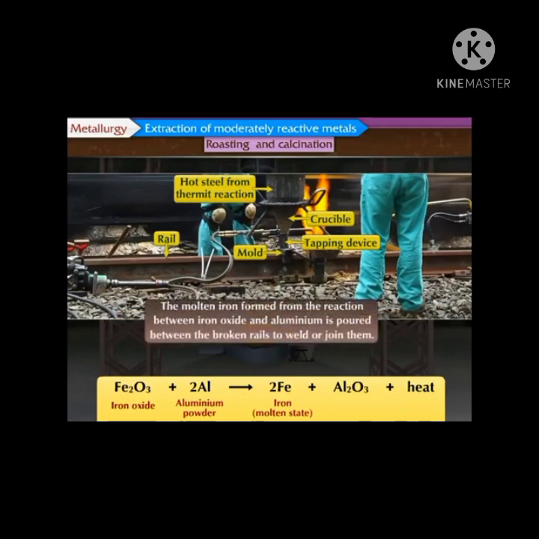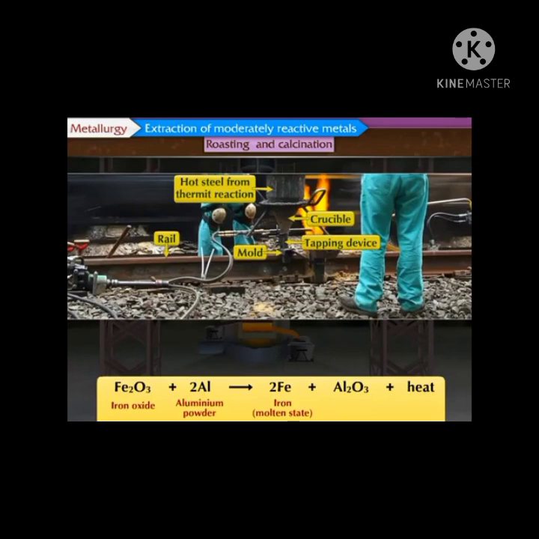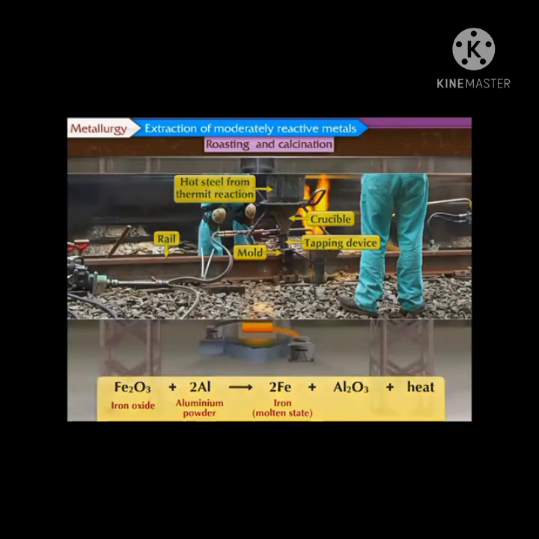The molten iron formed from the reaction between iron oxide and aluminium is poured between the broken rails to weld or join them. Now let us discuss the extraction method used for less reactive metals.